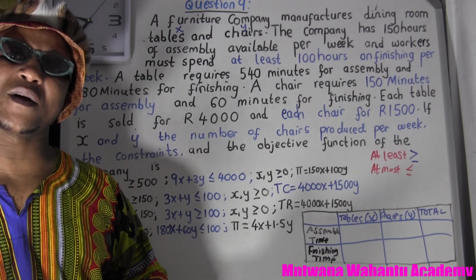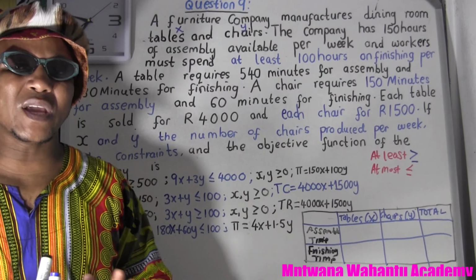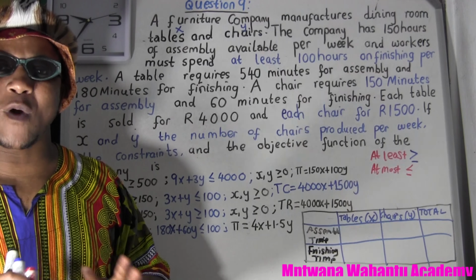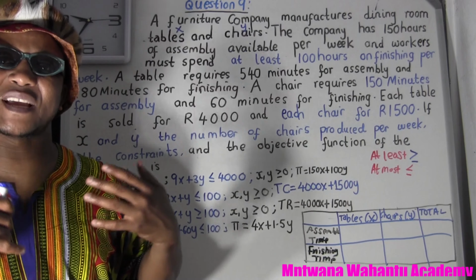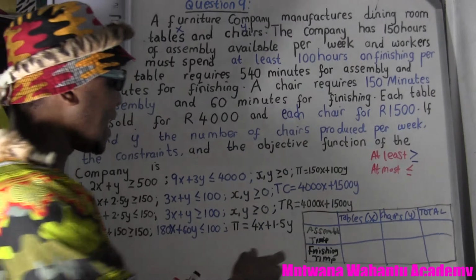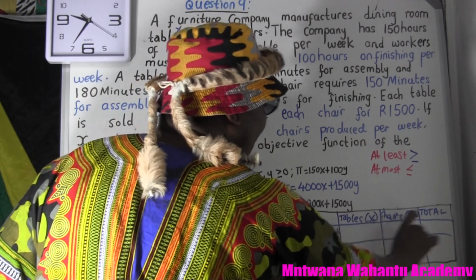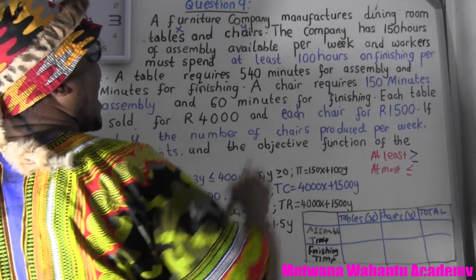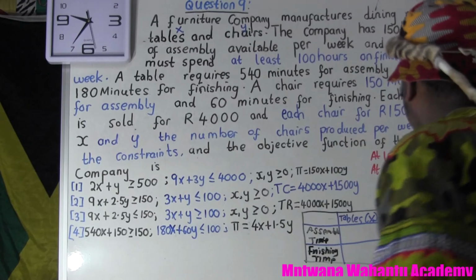In other words, that's at most. You can do whatever you want, but not more than 150 hours to spend on assembly. So the total assembly for both X and Y per week is going to be 150.